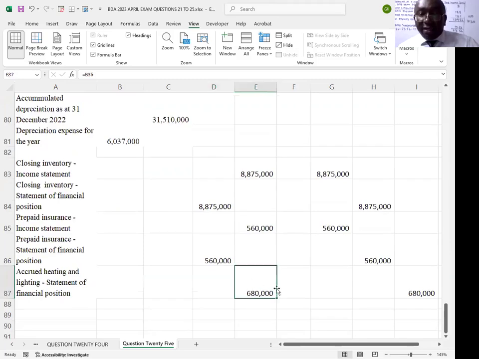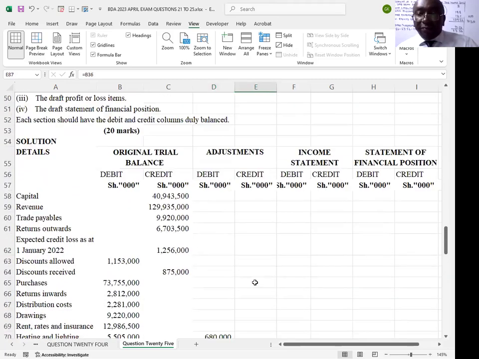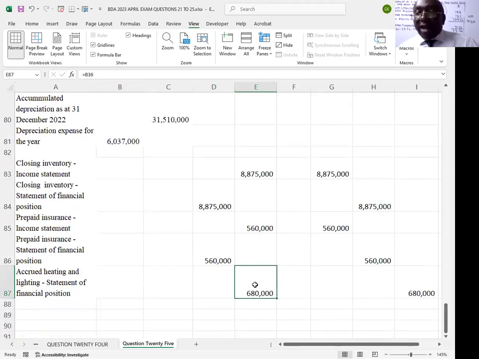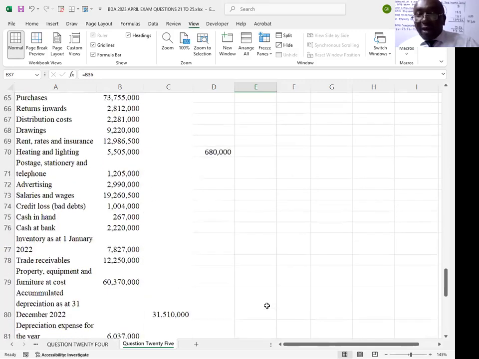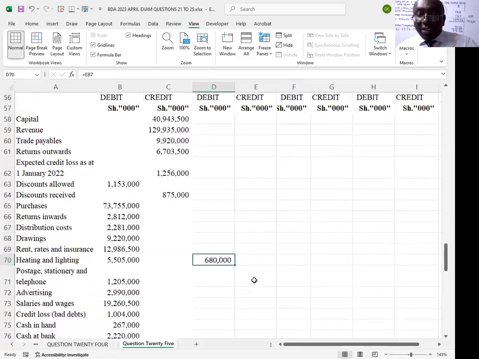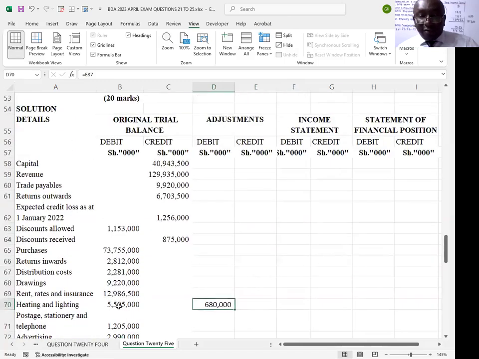This one is a credit in column E. Yeah, because it is an accrual, a current liability. So ninaionyesha hapa. And why I am debiting here is because I need to increase this. From this 5, I add this so that I get the correct amount here. So is that okay, Nyambura?